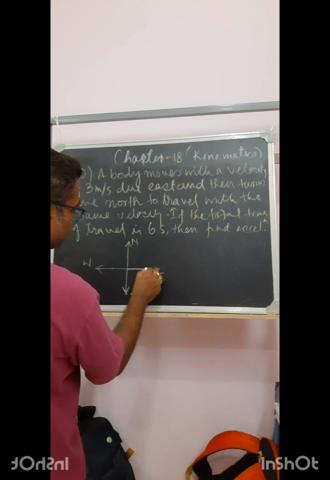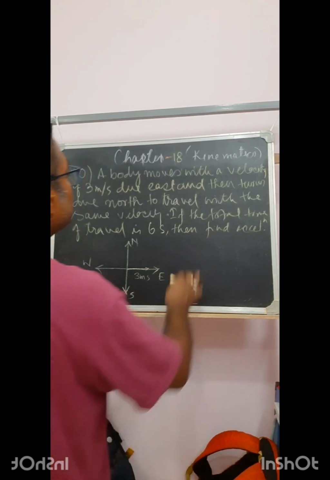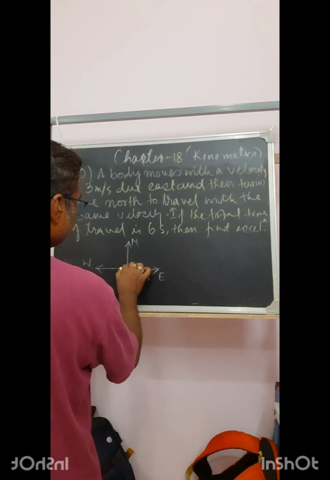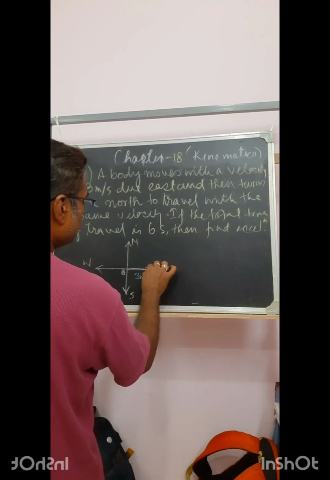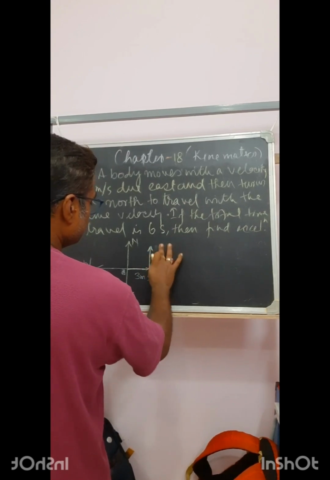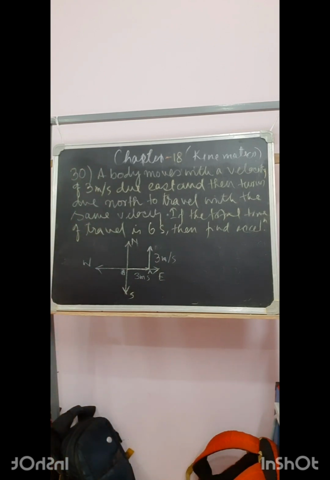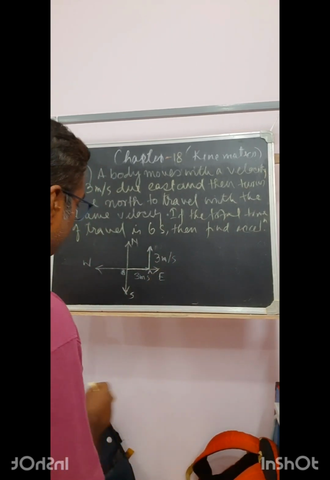So this is moving eastwise at 3 meter per second initially, and then turns to north. From somewhere, let's say from O to A it has reached, then it turns north. This was north with the same velocity 3 meter per second. Now we have to calculate the acceleration for it.